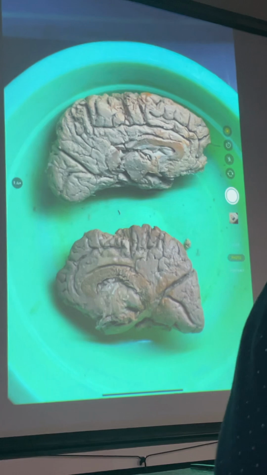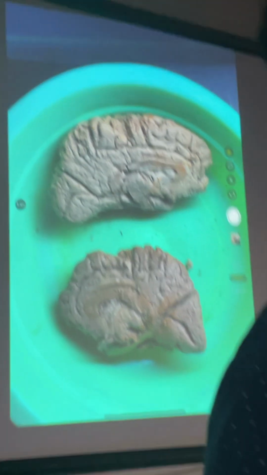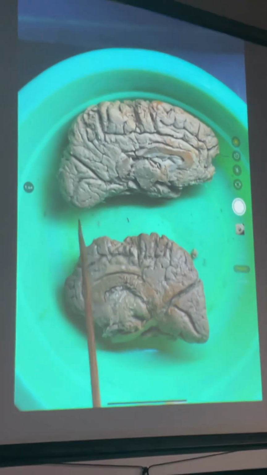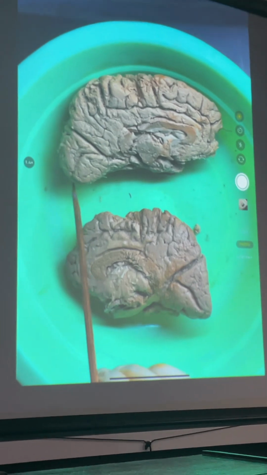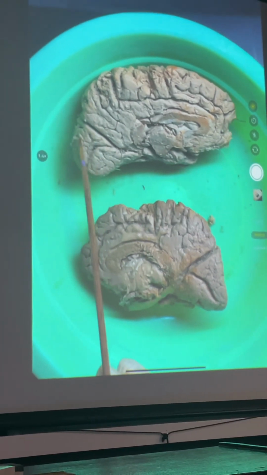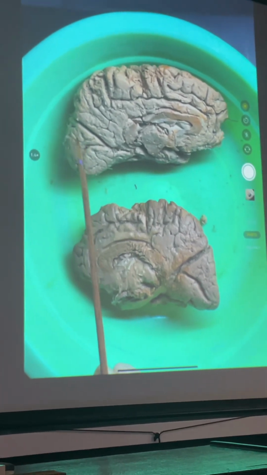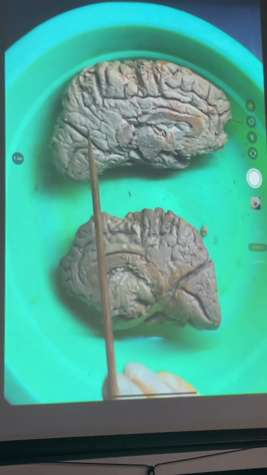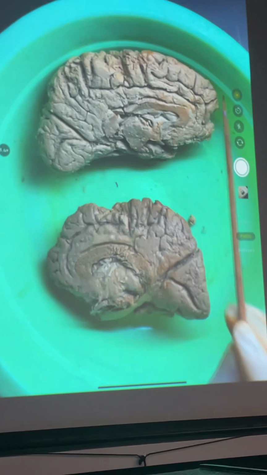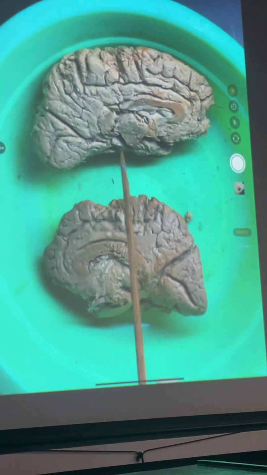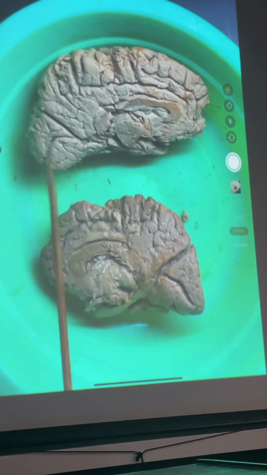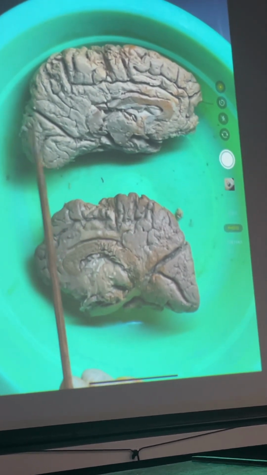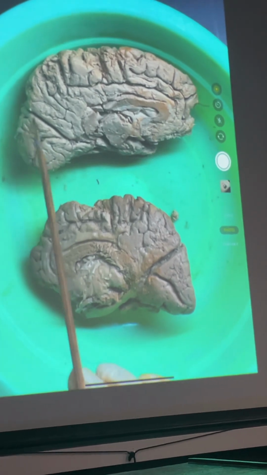Now, I want you to imagine if you look at this specimen and I put an eye here, it looks like the head of a turtle. This is the shell, and this is the legs. So this one here is the cuneus or the head.